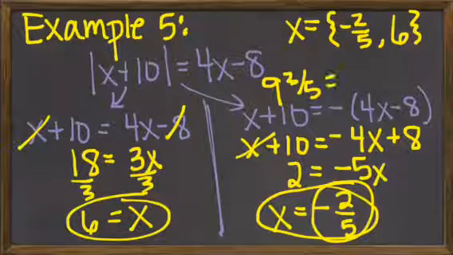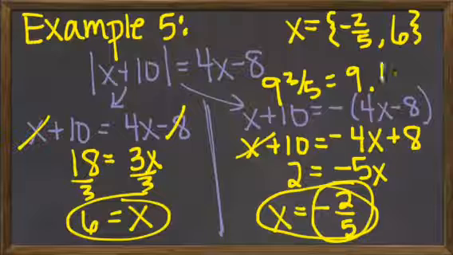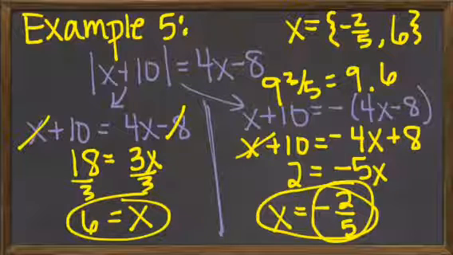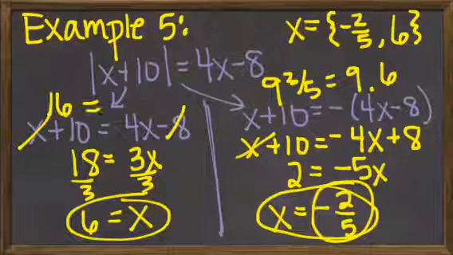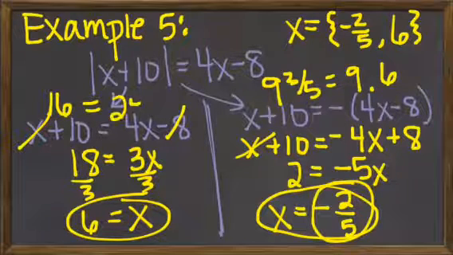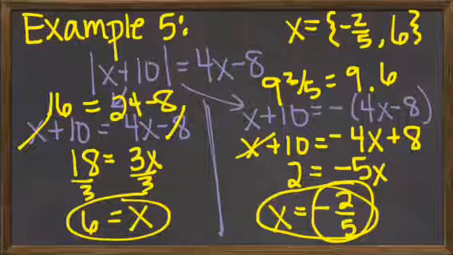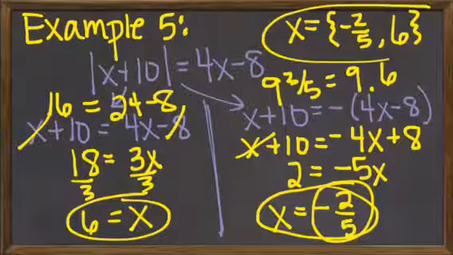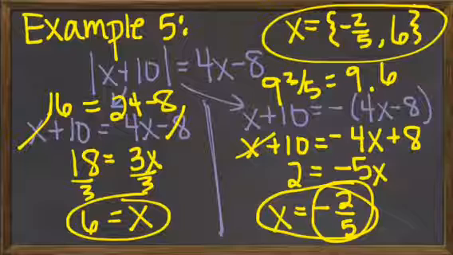And over here I get 9 6/10, and so those are equal. And over here when I plug in 6, I get 16 equals 4 times 6 is 24, and 24 minus 8 is 16. So here is my solution.